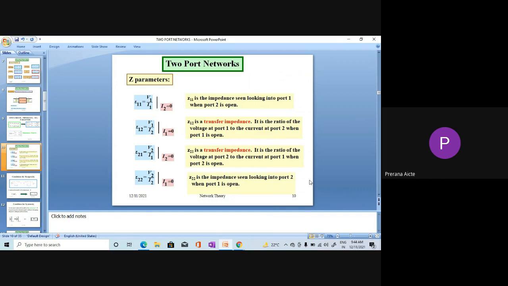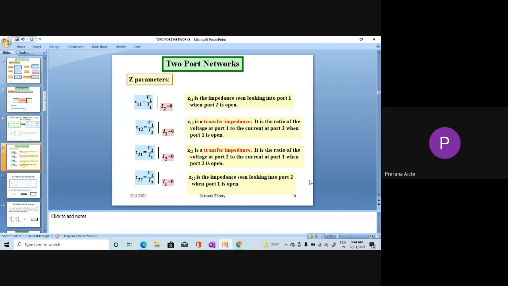So no need to find all the Z parameter equations. Academically, from an examination point of view, you determine all of Z11, Z12, Z21, Z22. But in the GATE examination, and in all competitive examinations, you have to approach the answer based on the question.